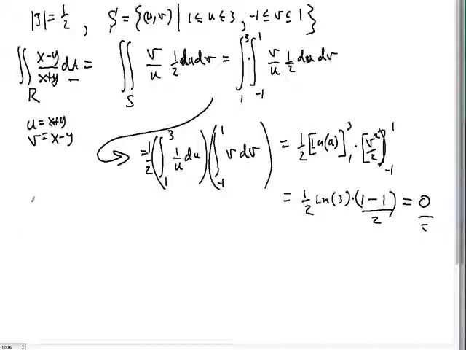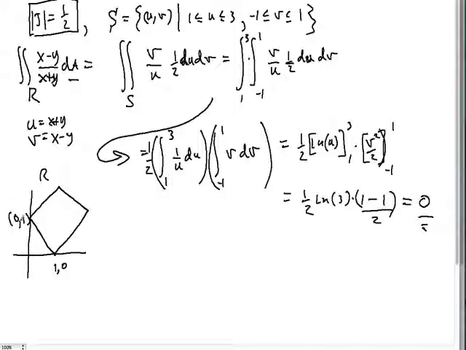So let's go review this. I said that the Jacobian was 1/2, right? So let's look at our diamond shape again. I'm going to look at our region R. I said it was this region like this, with corners at 1, 0, 0, 1, 1, 2, and 2, 1.